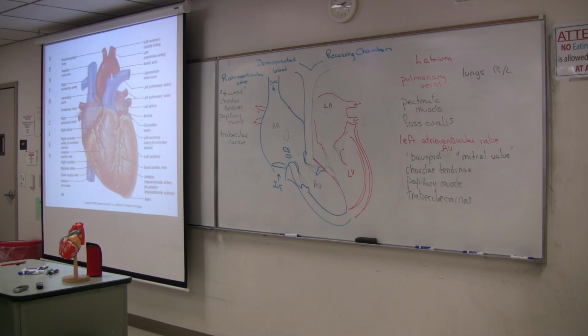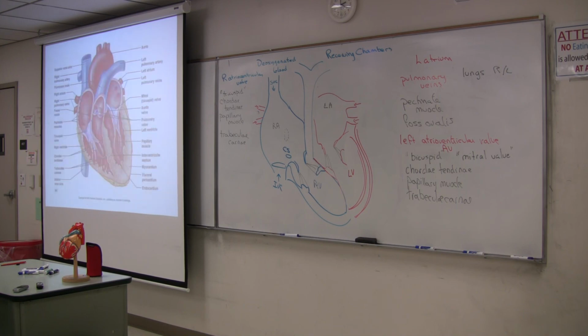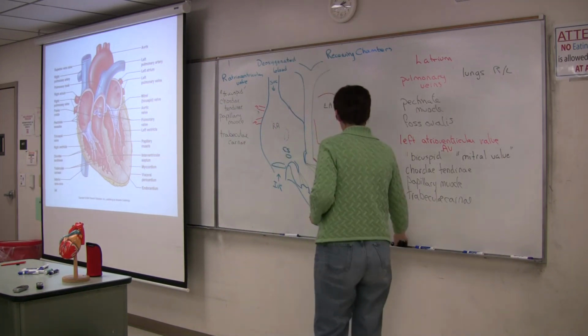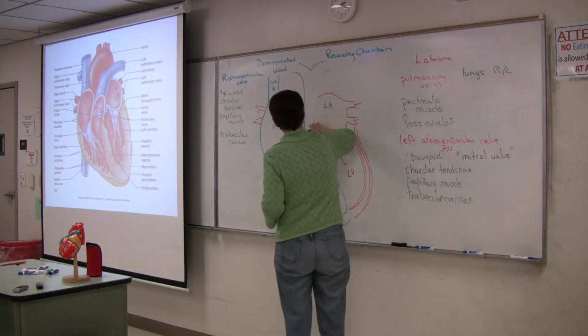Looking from the anterior surface of the right ventricle, we see this vessel rising up out of the right ventricle and giving off a branch to the left lung and a branch to the right lung. You can see it here. All right, so rising out of the right ventricle, we have this vessel known as the pulmonary trunk.